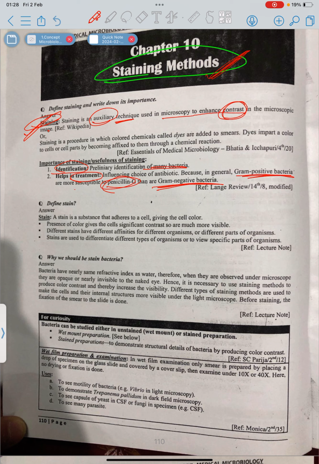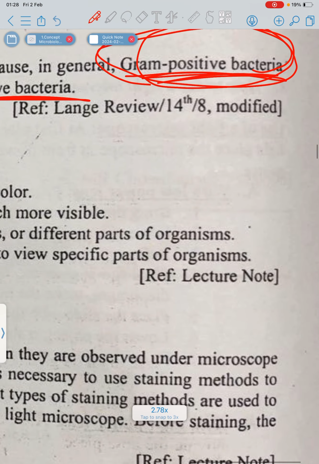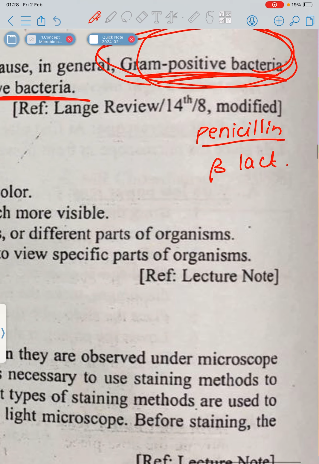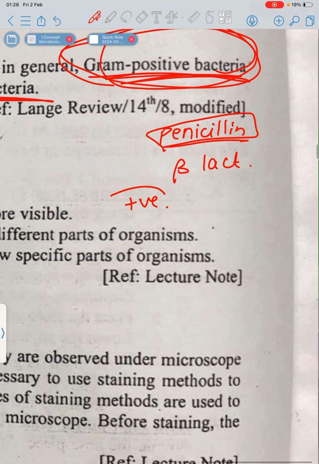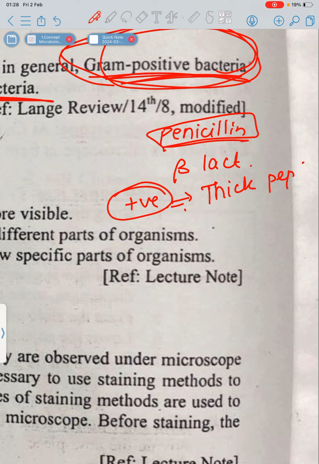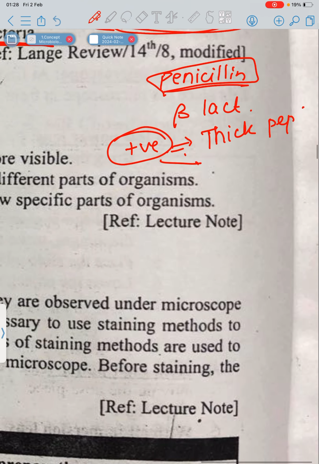Now I'd like to explain why gram positive is more susceptible to penicillin G. Penicillin is a beta lactam drug, which is a cell wall synthesis inhibitor. And gram positive, what do they have? They have a thick peptidoglycan layer, right? Also gram positive, I said there is NAM NAG arrangement.